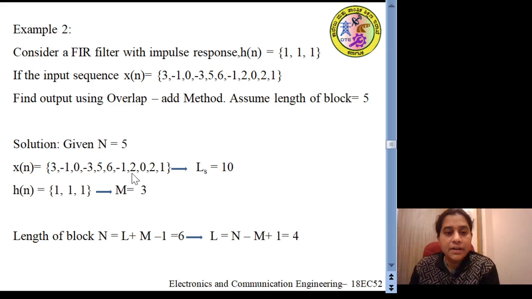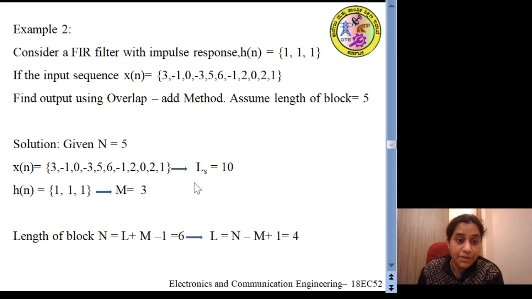So let us solve this. Let us find the linear filtering. Here they have given us the length of block, so the value of N is to be assumed. The given x of n is 3, minus 1, 0, minus 3, 5, 6, minus 1, 2, 0, 2 and 1, so there are 11 samples, and the length of the given input is Ls.